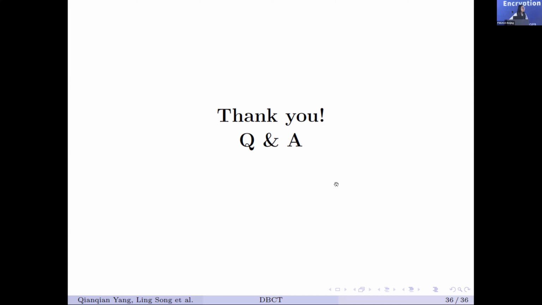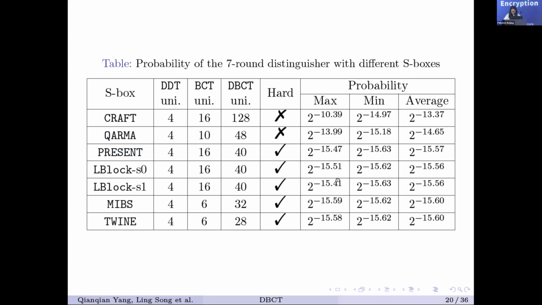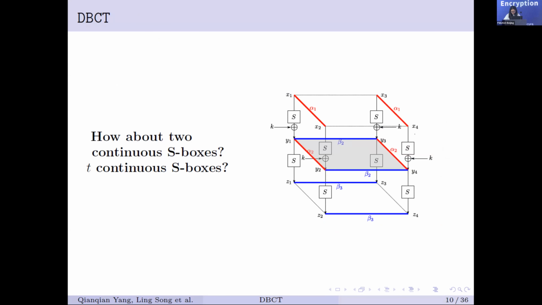I have a question. On page 10, I wonder if it's possible that the alpha 2 on the left can be different from the alpha 2 on the right, just at the middle part of the picture.